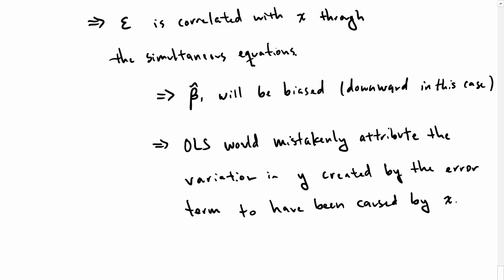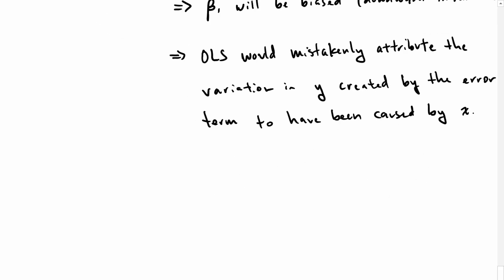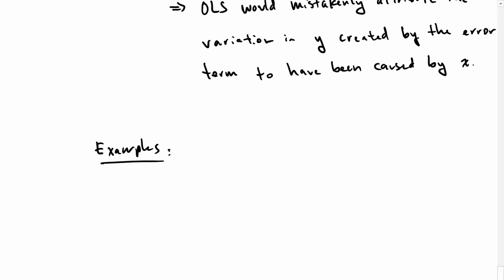Let me just show a couple of actual examples where this could also take place, apart from the supply and demand type of example. So, for example, you could have income as a function of education, right?